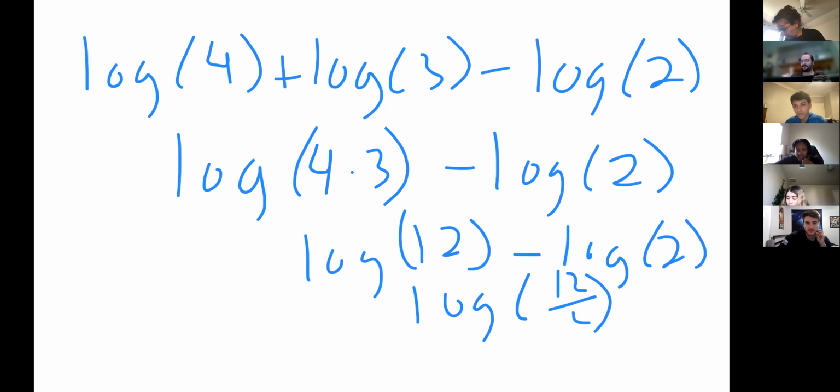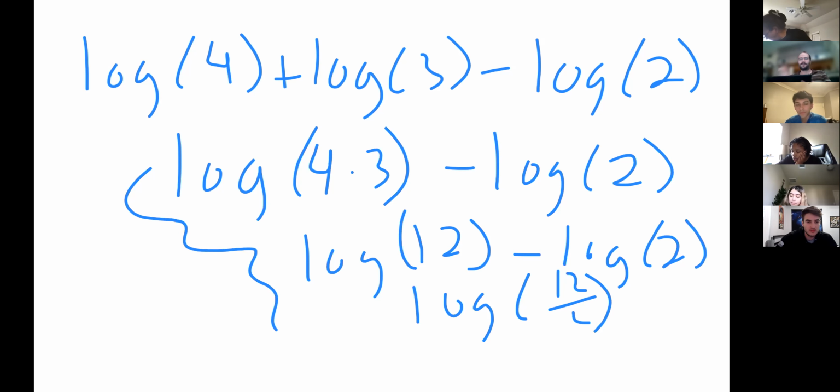It's the same thing. You just combine these all in one step. I was just trying to write it out in different steps. So we're multiplying the first two, and we're dividing by that last one. And so what'd you get overall? Log of 6. Log of 6. That's it.